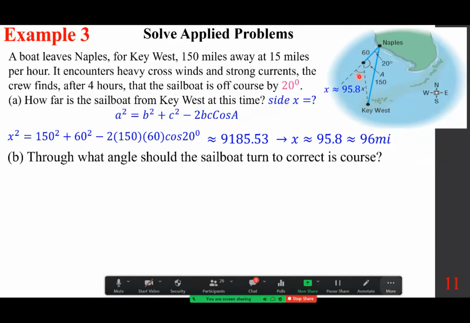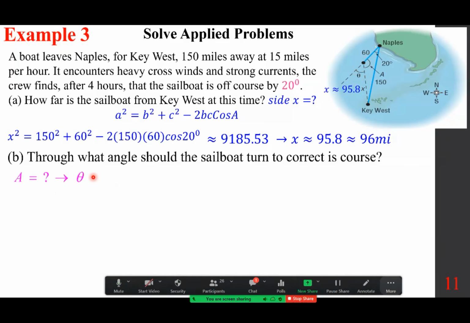In order to find angle theta, first we're going to find this angle A, because we can use the cosine law to find A. And after we find A, theta would be 180 minus A. So first we find A, and then we can easily find theta.